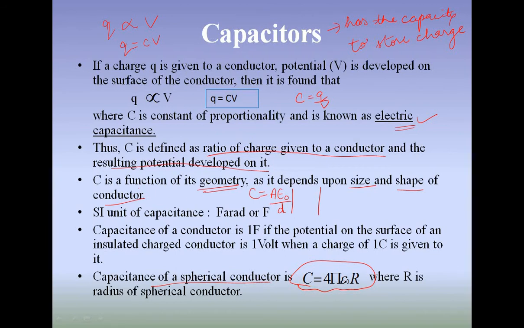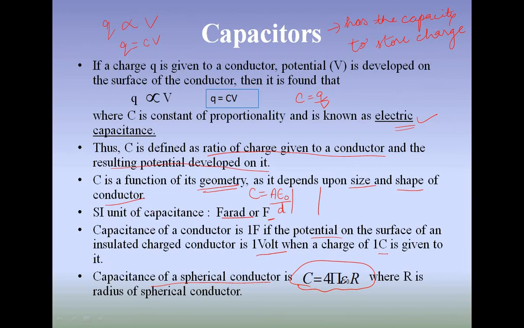The SI unit of capacitance is the farad, written as capital F. The capacitance of a conductor is 1 farad if the potential on the surface of an insulated charged conductor is 1 volt when a charge of 1 coulomb is given to it.